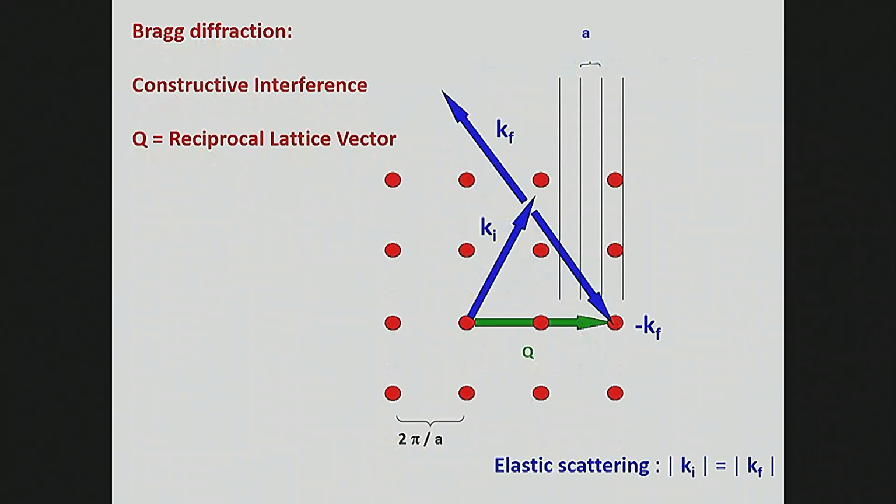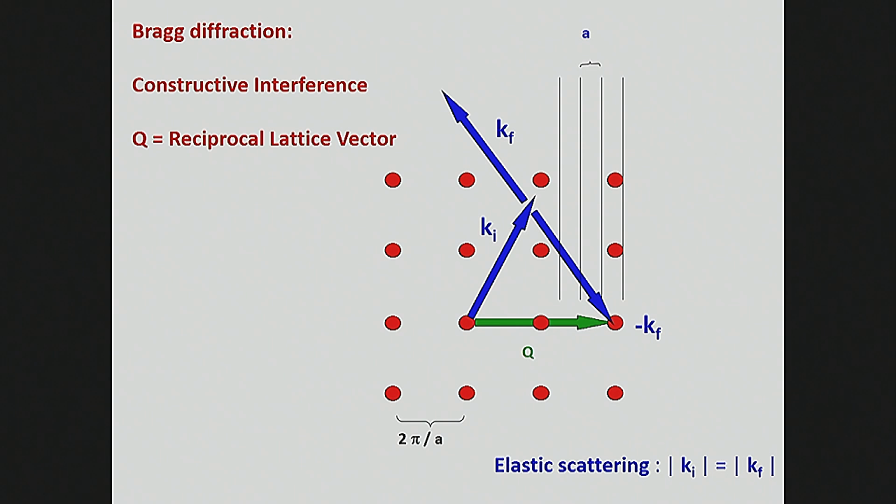So basically the way you think about this is that for this sort of scattering event, you imagine planes of atoms in your crystal which have some real space separation A, and you're Bragg reflecting a neutron with wave vector ki into kf, and you get constructive interference associated with the path difference from neutrons that reflect off one of these planes compared to the next one, and so forth. So this is the condition for elastic scattering.